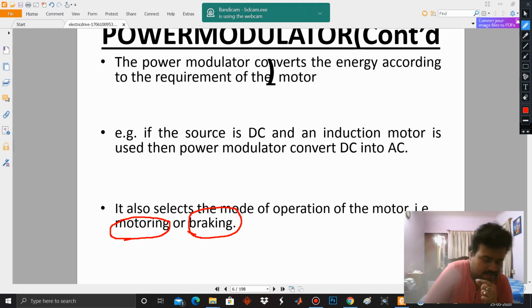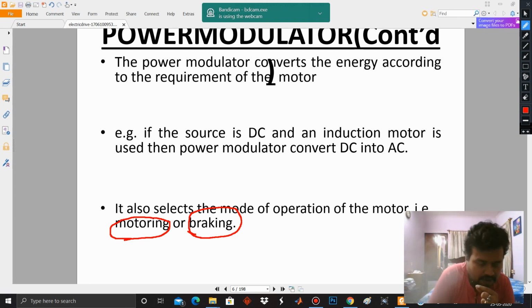That means whenever you are giving some supply, whether it may be an AC machine or a DC machine, whenever you are giving a voltage input, your motor is operating. But it may happen that the motor needs to stop at some point of time or slow down at some point of time. Such a process is called braking.